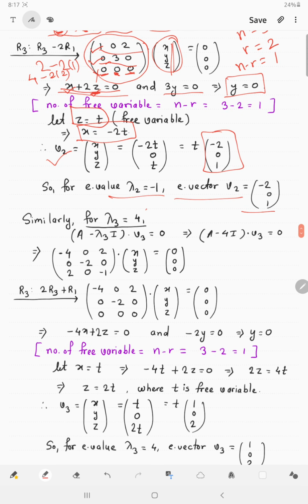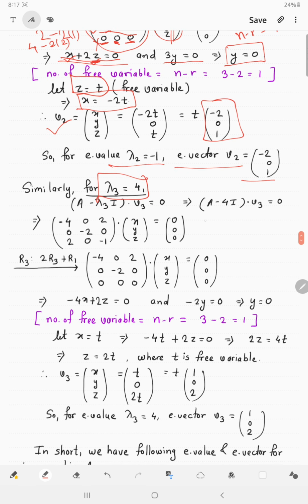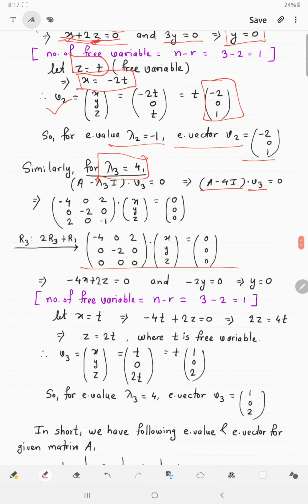Similarly I will do it for lambda 3 equal to 4. Same, (A minus 4I) into v3 equal to 0. I will get this matrix. I have here two equations, this and this. From minus 2y equal to 0, I take y equal to 0. Again n minus r is 1, which means there should be one free variable.